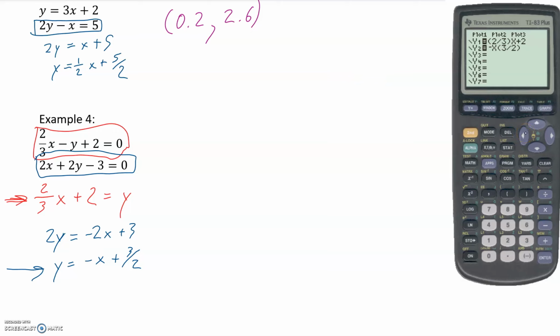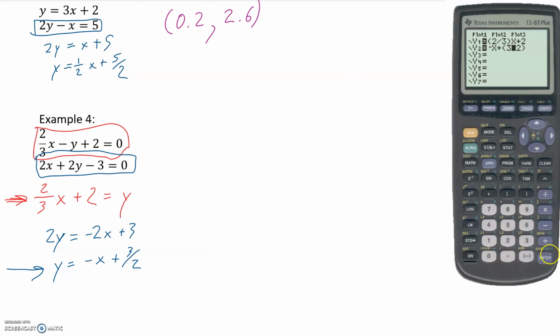So if you want to add something partway through, we actually have a button called insert. So if you look above the delete button, there's INS for insert. So if I press second function, insert, then I can actually add something without deleting the previous thing that I had. So just a fun fact.